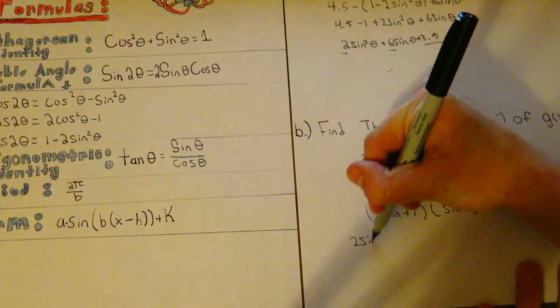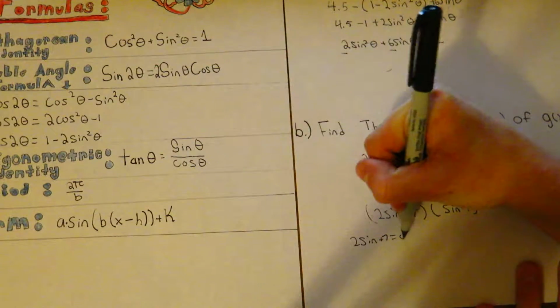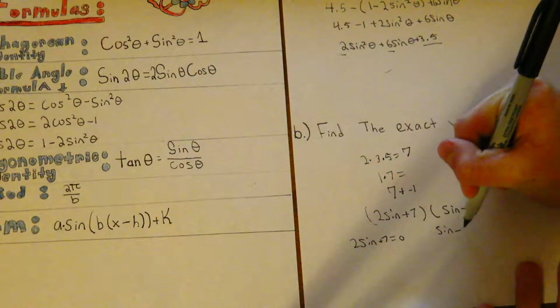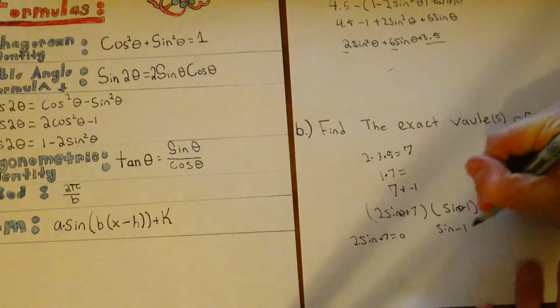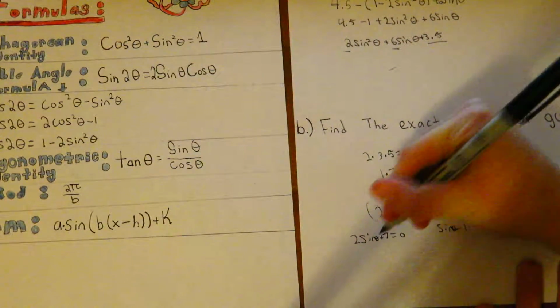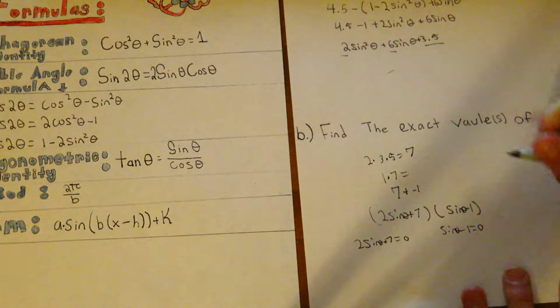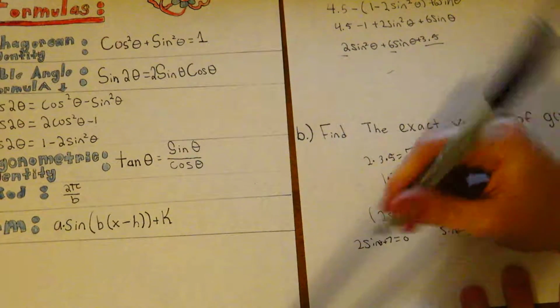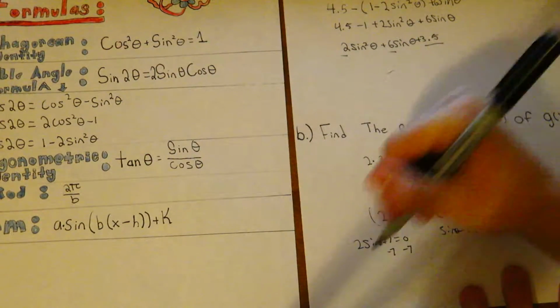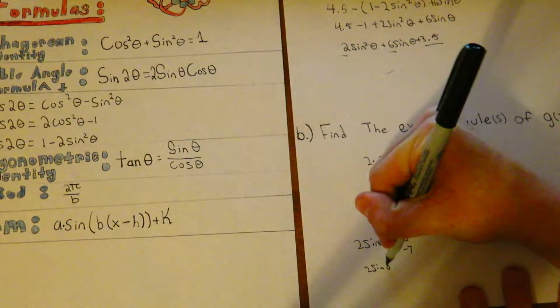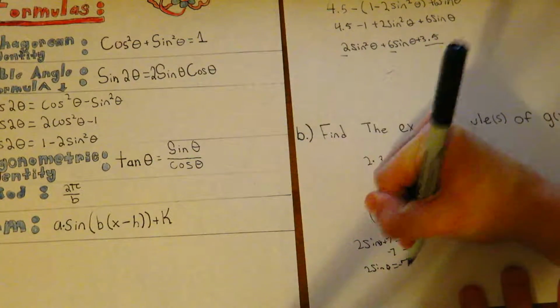So we have 2 sine theta plus 7 is equal to 0, and sine theta minus 1 is equal to 0. Don't forget these are thetas. Now all we have to do is solve for sine theta. Just subtract 7 here, and then you have 2 sine theta is equal to negative 7.